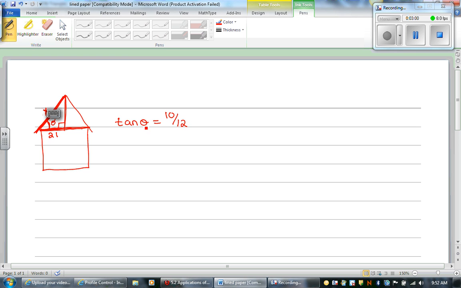So, I know to find the angle, we use the inverse. And this is going to give us 0.833. My apologies.